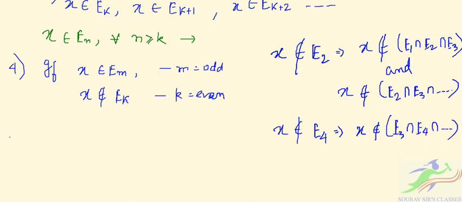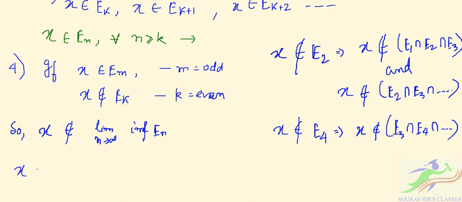So we can write that x doesn't belong to this limit as n tends to infinity of the infimum of En, right?